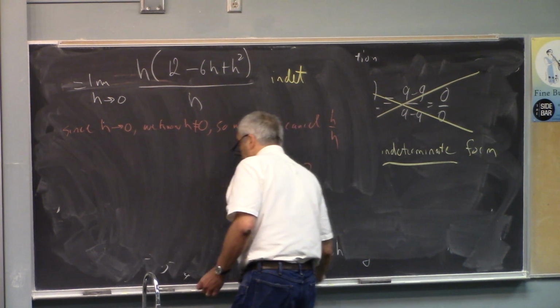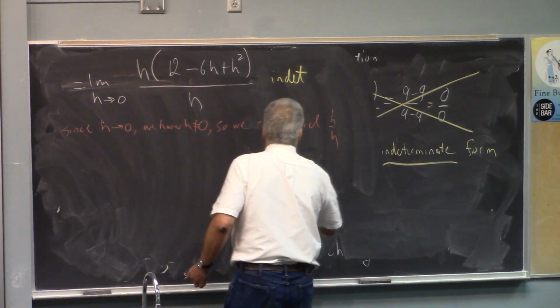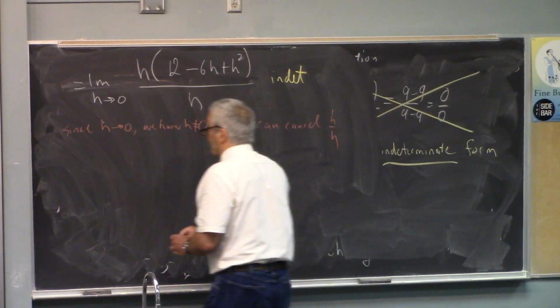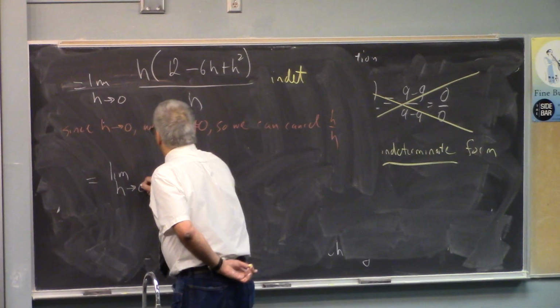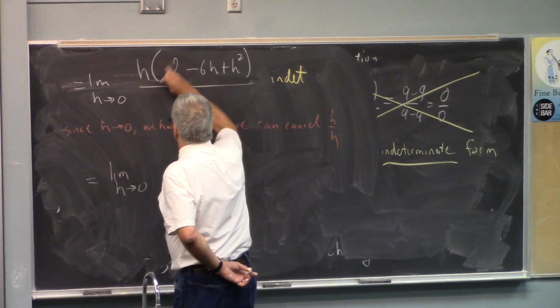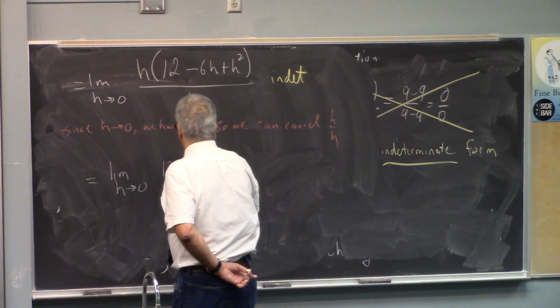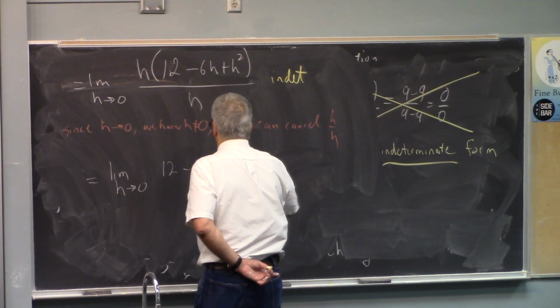That's the only thing that I cancel, is that one stack of factors. So I have the limit as h approaches 0, this should say 12 minus 6h plus h squared.